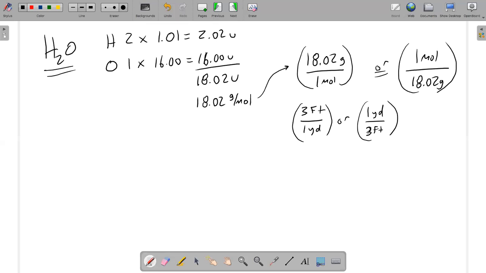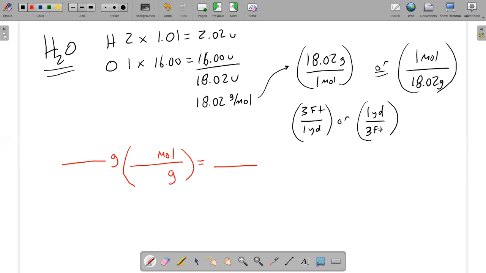So here's the concept, like the mole map or the concept map. If you have a mass in grams and you want to convert it into a number of moles, you can multiply by a conversion factor where the unit grams is in the denominator and moles is in the numerator.